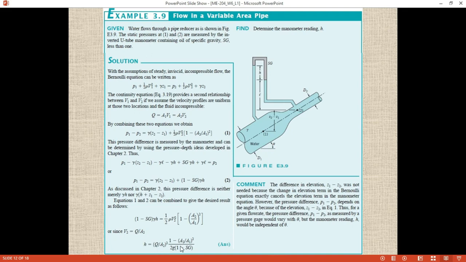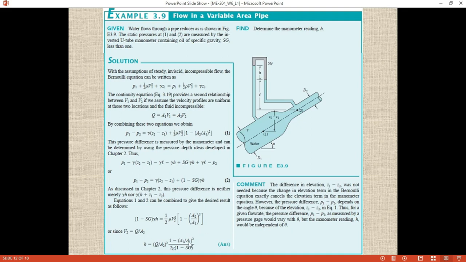So some important points to be noted down here, which are mentioned in the comments. You see, the difference in elevation Z1 minus Z2 was not needed because the change in elevation term in the Bernoulli equation exactly cancels the elevation term in the manometer equation.